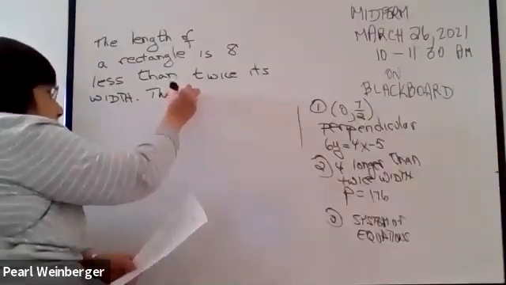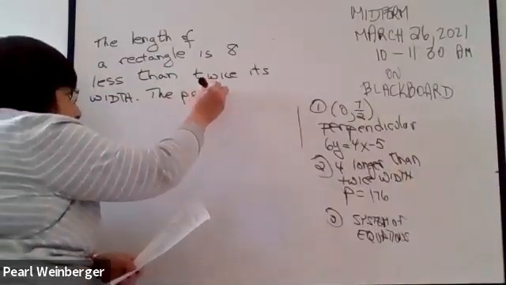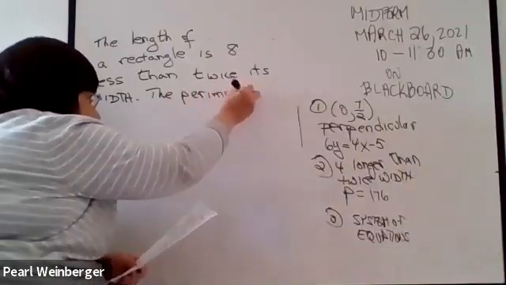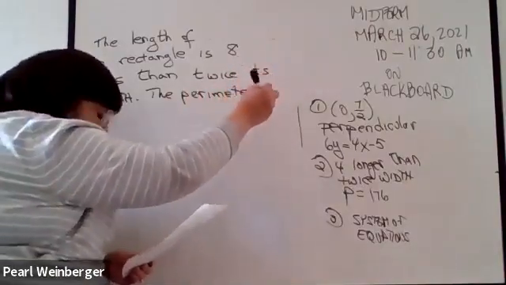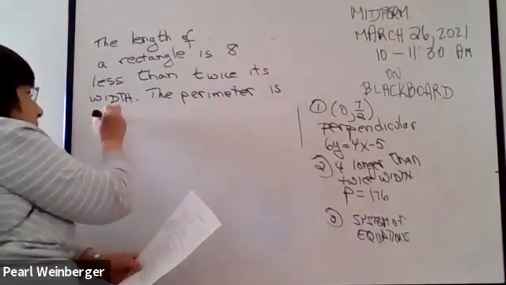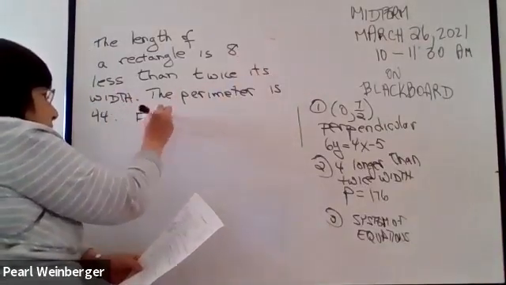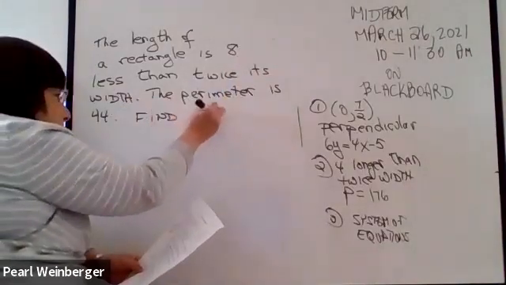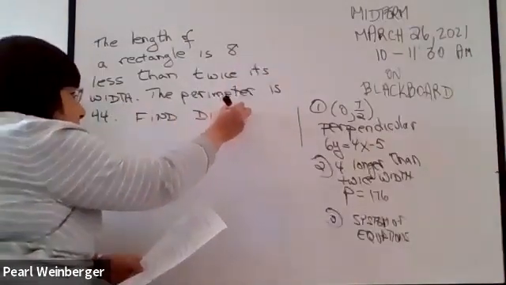The perimeter is 44. Find the dimensions. I'm going to give you a few minutes to try this on your own.